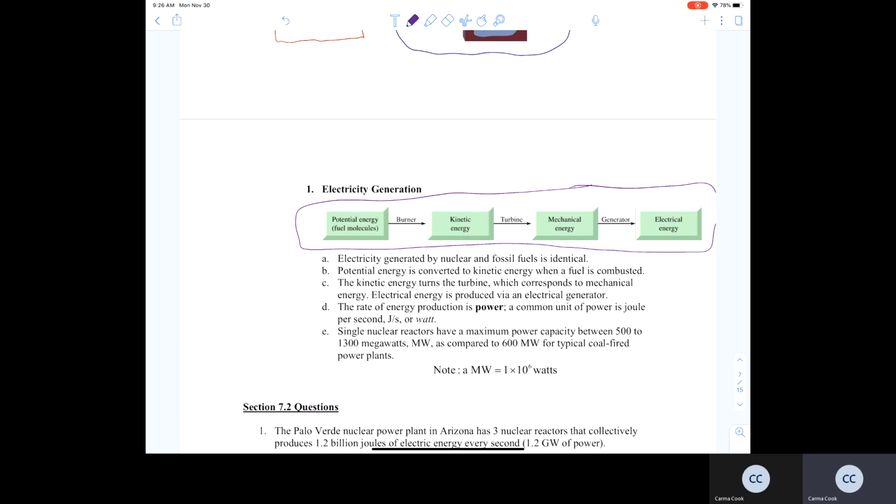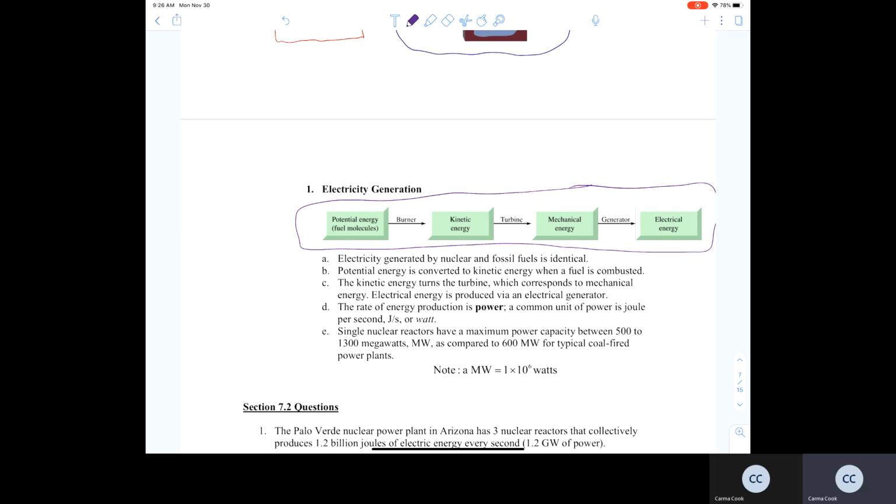Potential energy stored in the fuel molecules, whether the fuel molecule is coal or if it's uranium oxide. There's some type of ignition or reaction or burning of that fuel. For coal, it's basically the burner burns the coal, a combustion reaction. In a nuclear power plant, it's the nuclear fission reaction that takes place by bombarding the uranium in the UO2 molecules with neutrons, causing the uranium atoms to split.